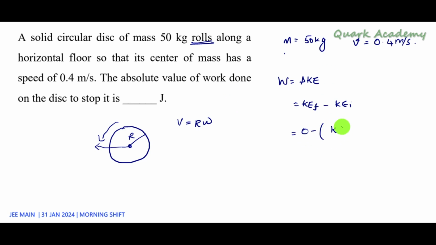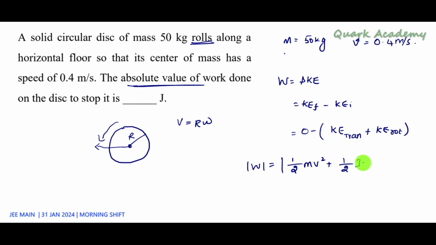So here the initial kinetic energy is the kinetic energy due to translational motion plus the kinetic energy due to rotational motion. Since they asked about the absolute value, which means they don't care about the sign, they just want the value. So we need not worry about the negative sign. We'll just write it. Translational kinetic energy is half m v squared.